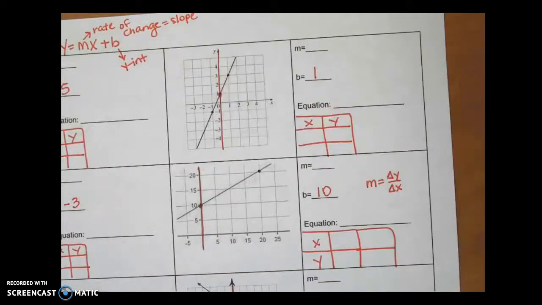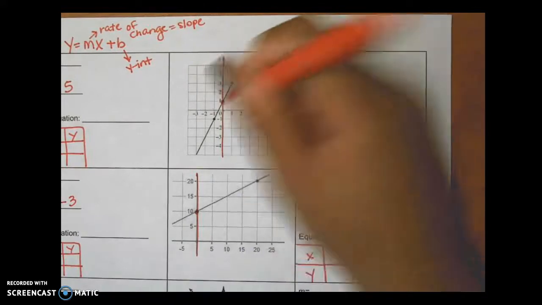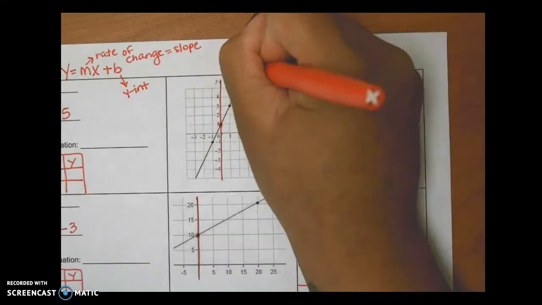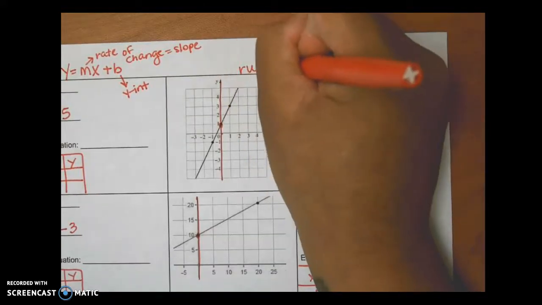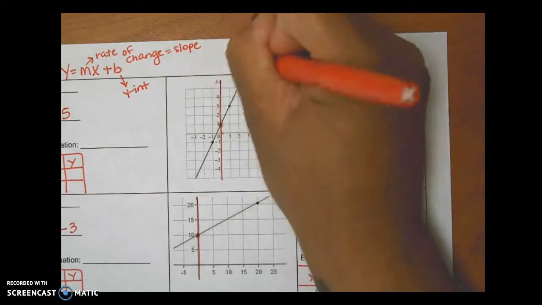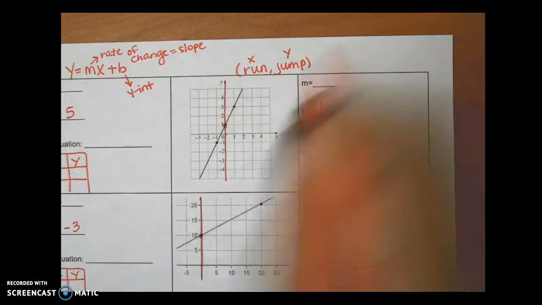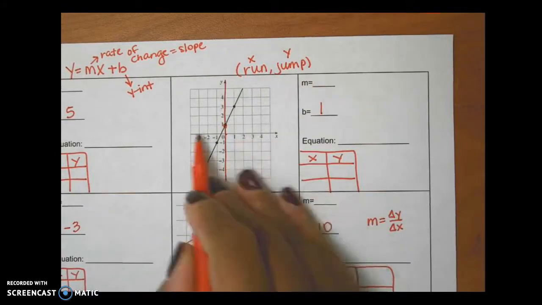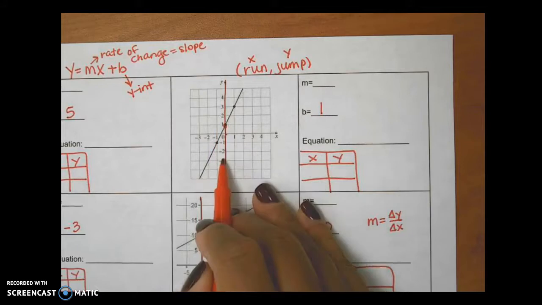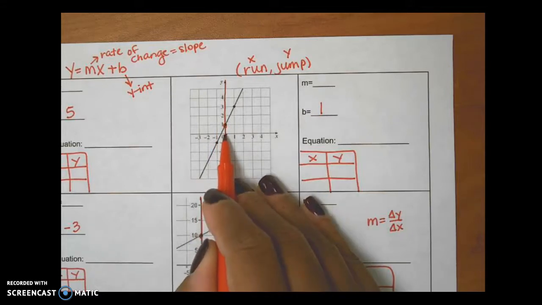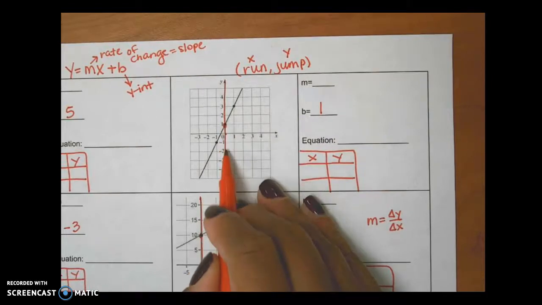Remember, when you plot points, you start at the origin and then you run and jump. Your run is for your X, your jump is for your Y. So you run along the X-axis and then you jump up and down the Y-axis. If my X is 0, that means I am not running. I'm either going to jump or fall.